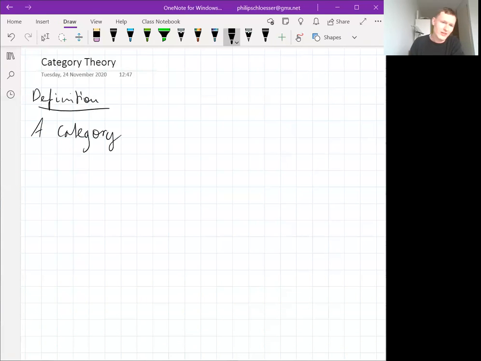So the basic object of category theory is, surprise, surprise, a category. We call the category C here. And a category consists of the following data.